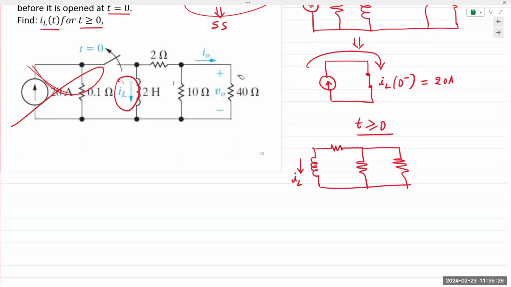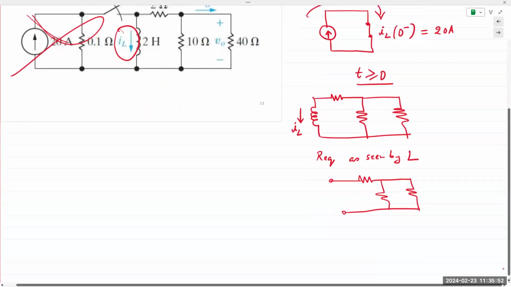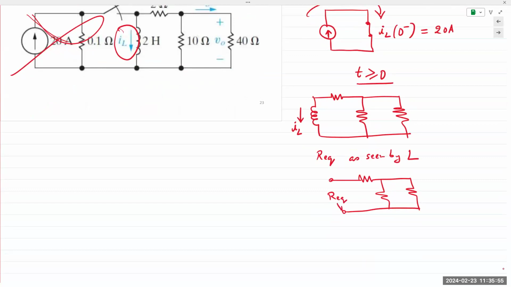If you have 3 resistors and they're all part of the circuit, what do we do? Reduce them to find Req as seen by the inductor, between the terminals where the component was connected.